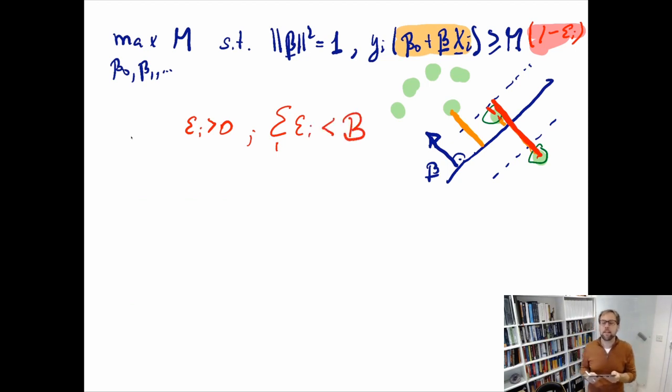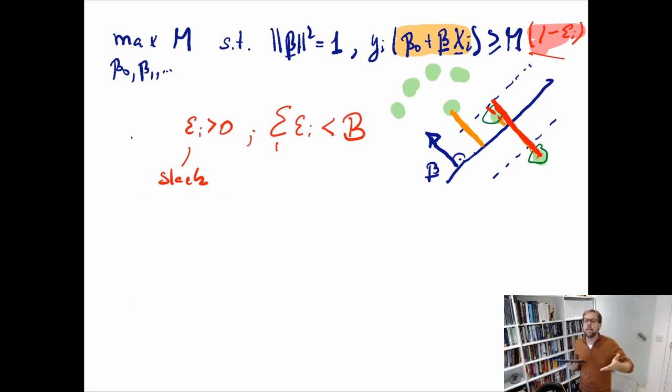And this is the overall formulation of the support vector classifier. I'm maximizing the margin subject to the previous constraints, where now I introduce this extra term with epsilon. Epsilon is sometimes called the slack variable. So I'm allowing myself some slack with those constraints.